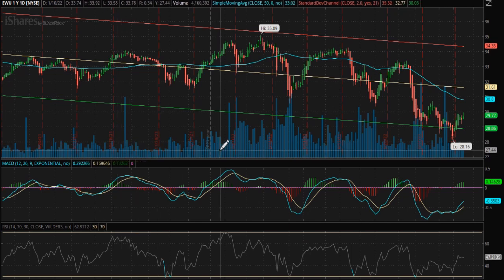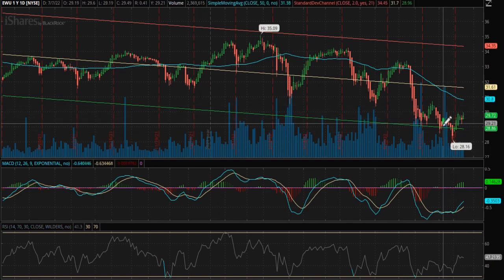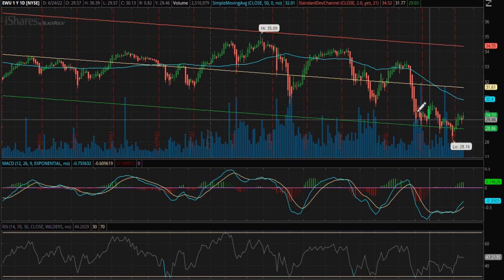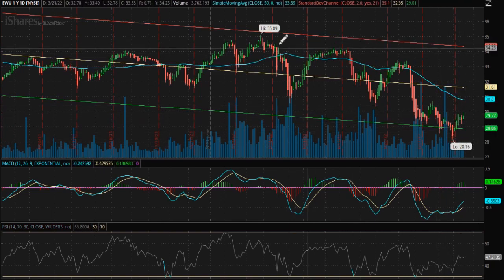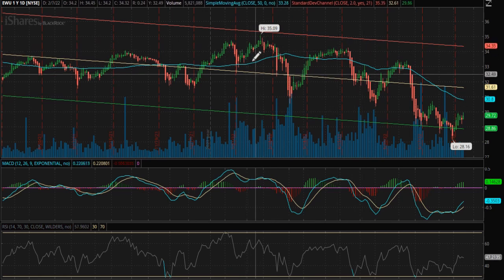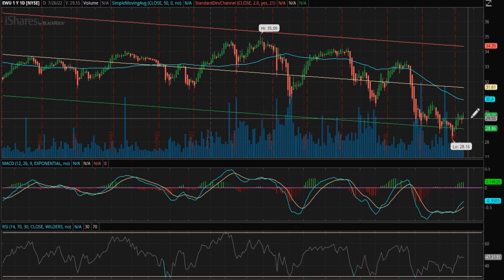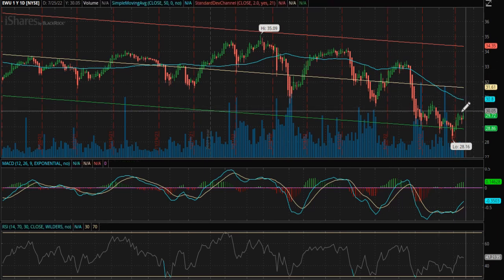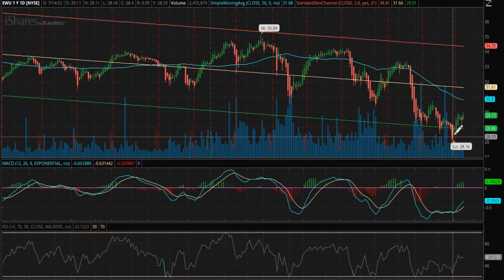This ETF has about a 3.17, if I'm not mistaken, percent dividend yield here. It's hitting the bottom of this 2 standard deviation channel, bouncing up. A little bit of a Wyckoff distribution, still a downtrend. So there's still a lot of pressure here, but we are closer to the bottom of this channel here.